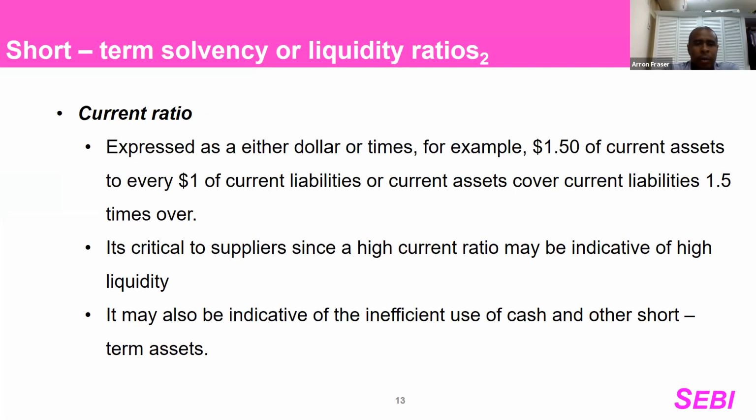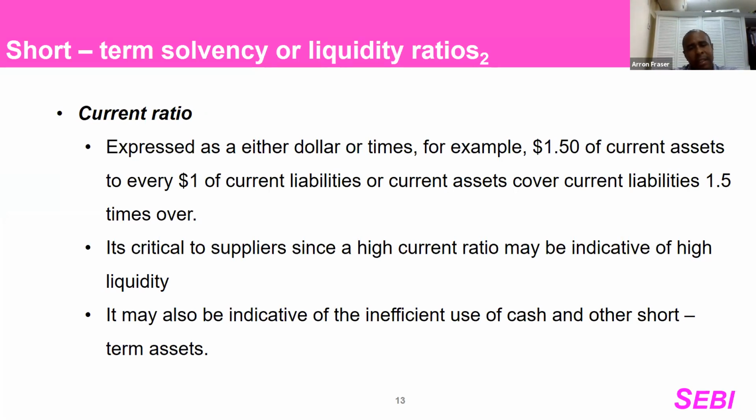Right. So a high current ratio may be indicative of high liquidity, meaning that you have lots of excess cash in your business, but it might also be indicative of the inefficient use of cash.